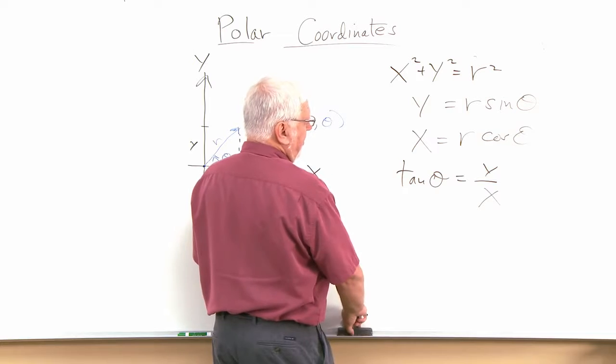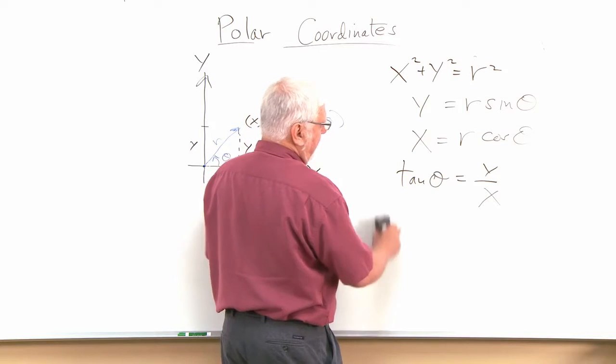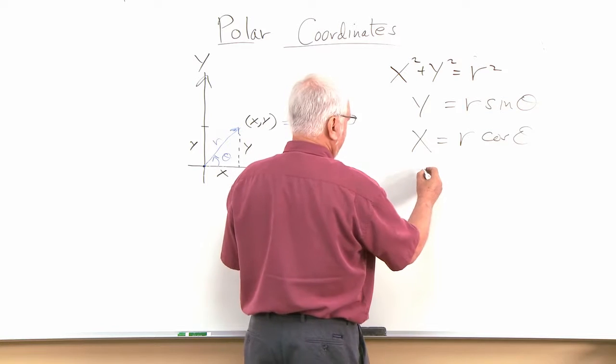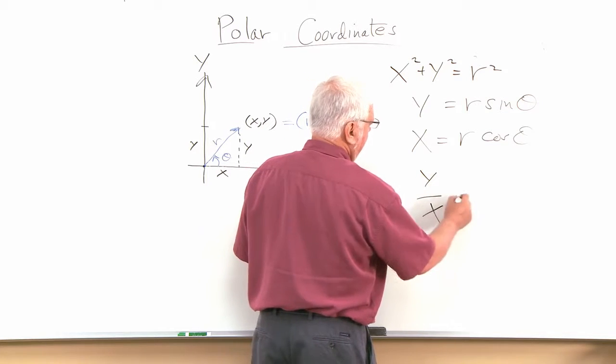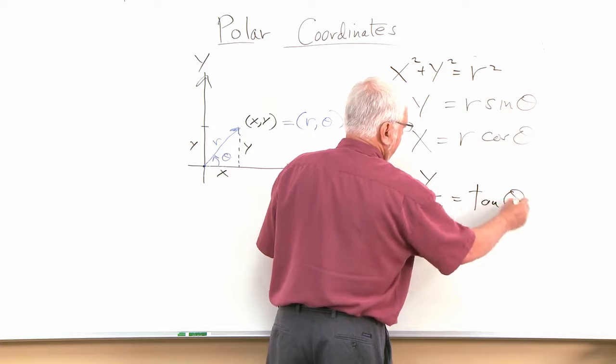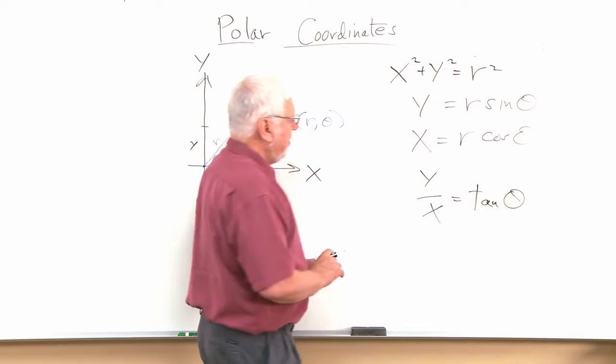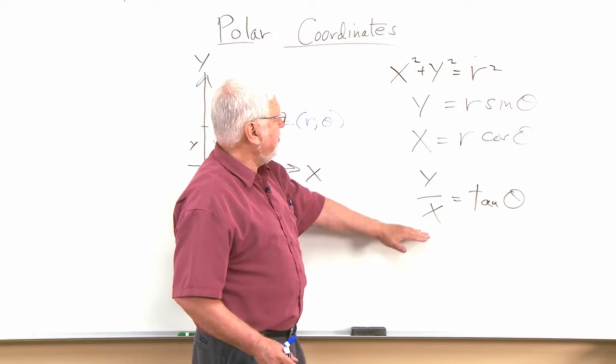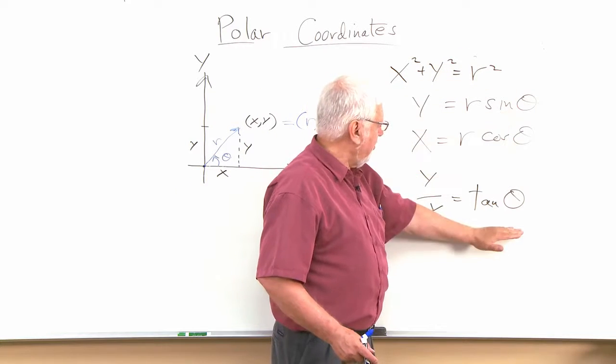And I'm going to flip this one around a little bit and put the x and the y over here. And it's the opposite, y over x equals tangent of theta. The only reason I'm switching them is that over here we have all rectangular language, and over here we have all polar language.